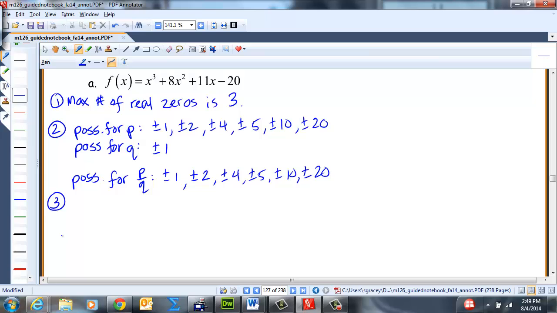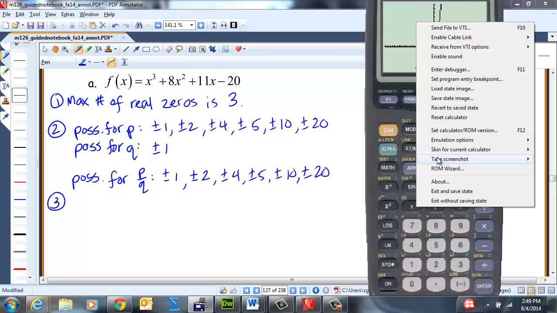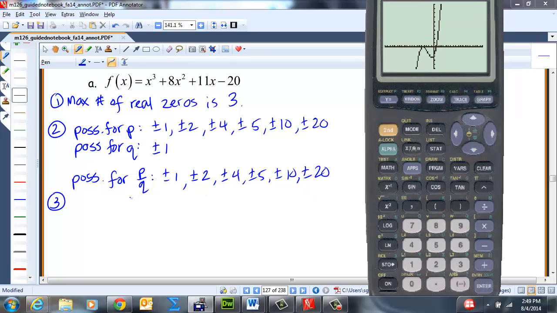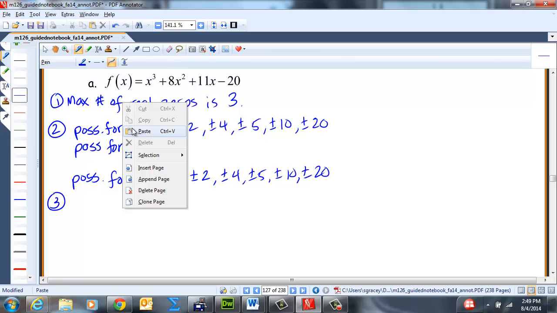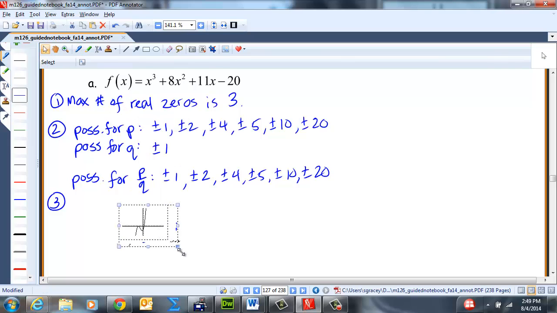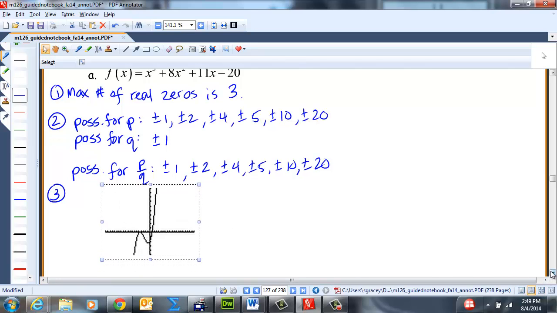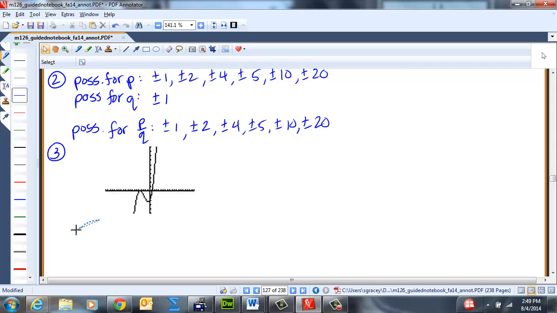So, I'll paste that graph so we have it. Okay, so the scale on x was negative 20 to 20, and this is f of x, and this went to 100, and we had negative 50.